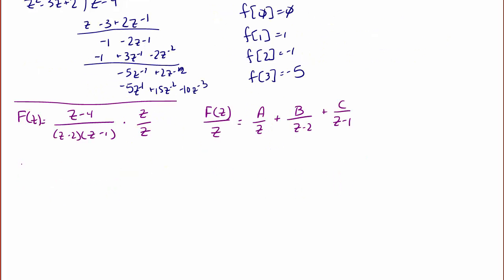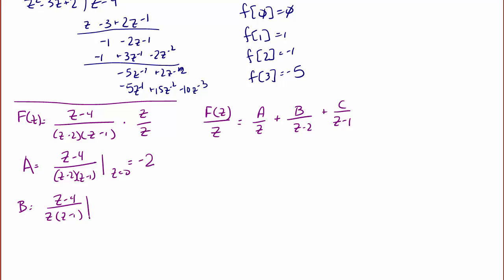So next we solve for A. A is equal to Z minus 4 over Z minus 2 times Z minus 1 evaluated at Z equals 0. A is negative 2. B is equal to Z minus 4 divided by Z times Z minus 1 evaluated at Z equal 2. B is equal to negative 1.